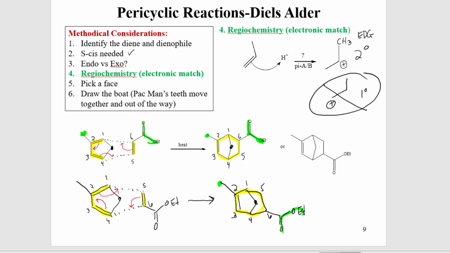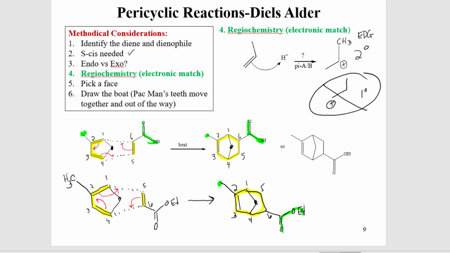Okay, well, let's look at our diene. Look at that methyl group off of carbon 2. Now, I know that you guys would give me this: carbon 2, if I were to do a reaction with the double bond between 1 and 2, carbon 2 is the best site for a carbocation.